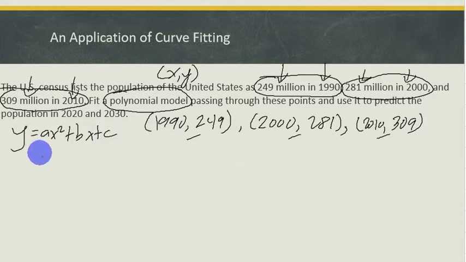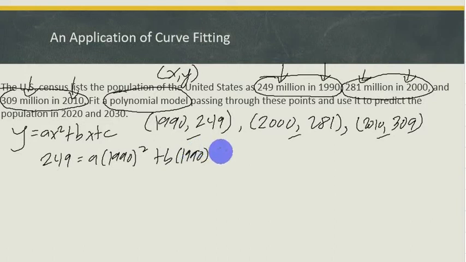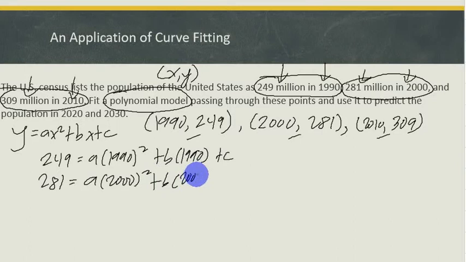So the first equation will have 249 equal to a times 1990 squared plus b times 1990 plus c. For the second equation, we have 281 is equal to a times 2000 squared plus b times 2000 plus c. For the third equation, I'll have 309 is equal to a times 2010 squared plus b times 2010 plus c.